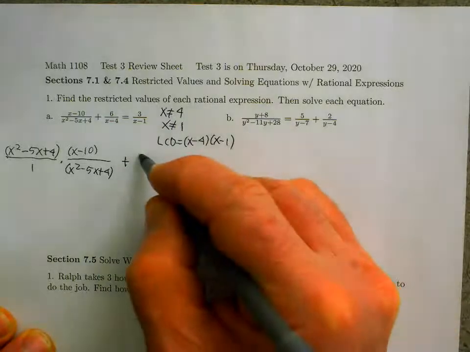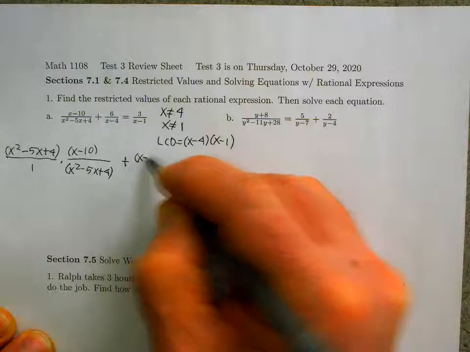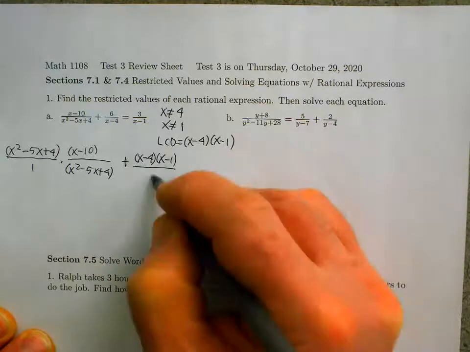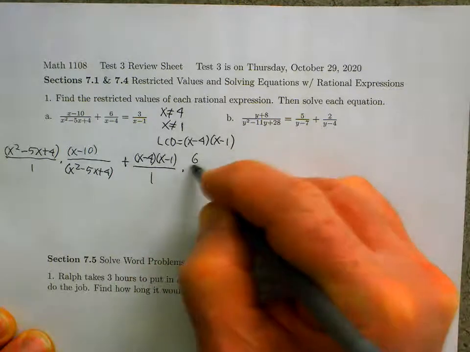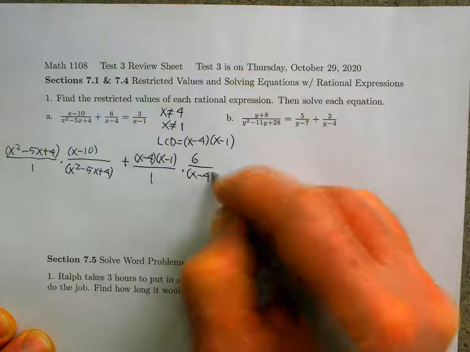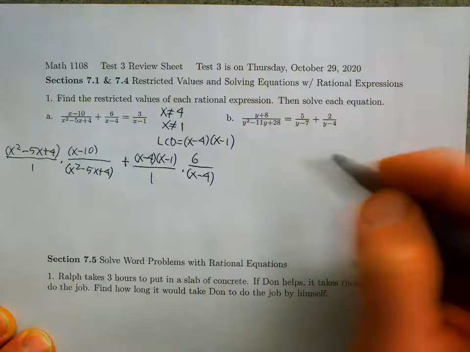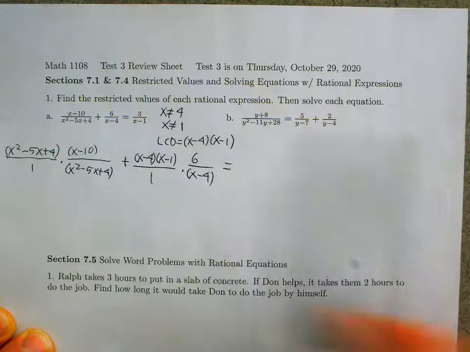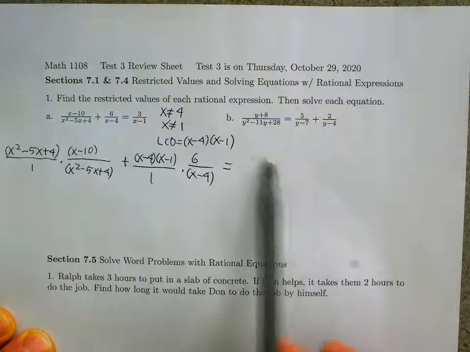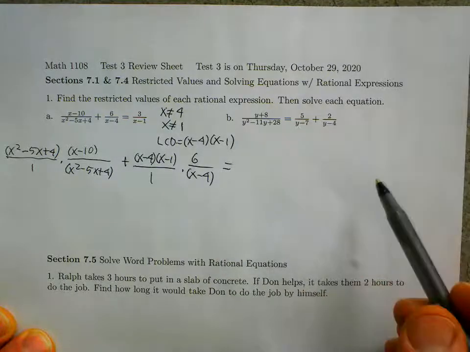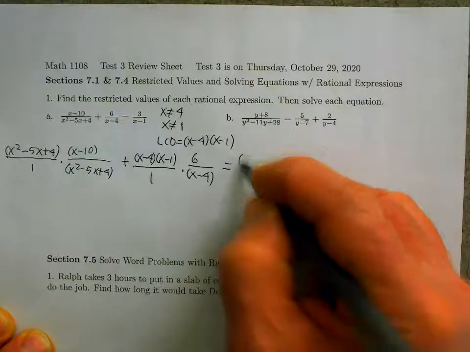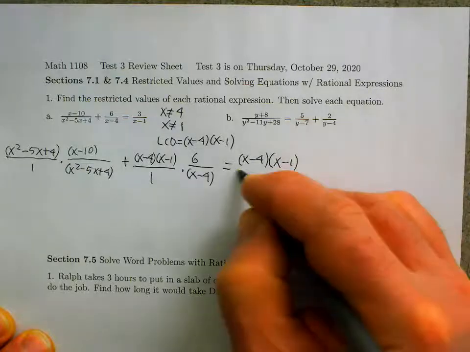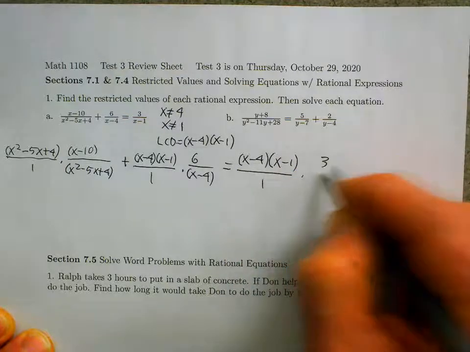And then the next term, I'll write the least common denominator in factored form, x minus 4 times x minus 1 over 1 times 6 over x minus 4. So I didn't manage the space very well, but we'll deal with that in a minute. So on the right-hand side, multiply x minus 4 times x minus 1 by 3 over x minus 1.